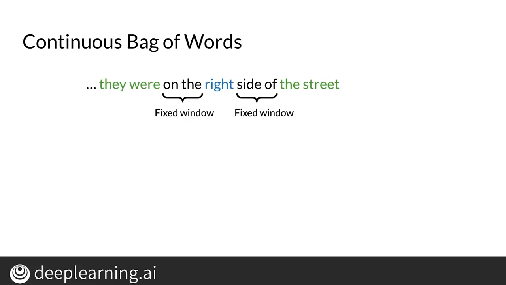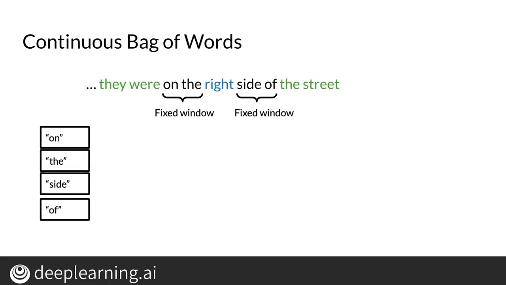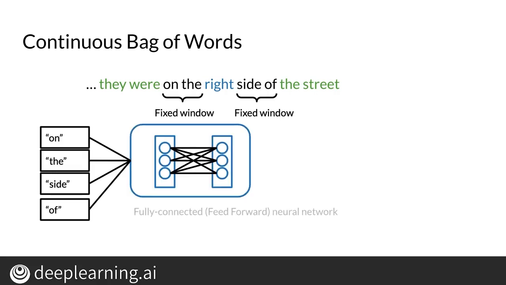And previously what you've been doing, you would take a fixed window, say 2 before and 2 after, or 3 or 4, whatever C is for the window size. And then you take the corresponding words, feed them into a neural network, and predict the central word, in this case "right." Now, the issue over here is, what if we wanted to look at not only the fixed window, but all the words before and all the words after? And how can we do that?